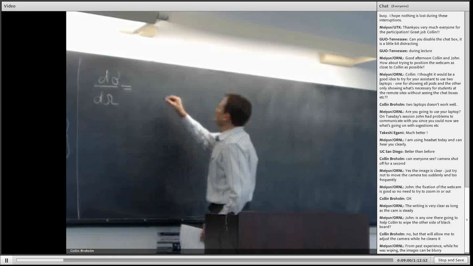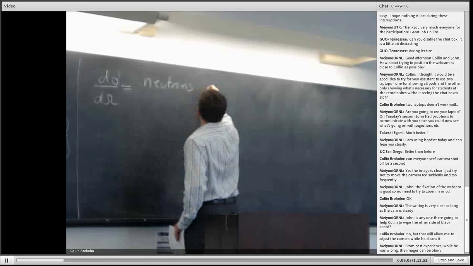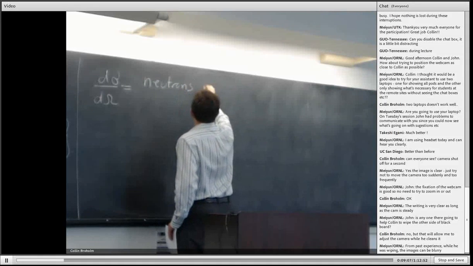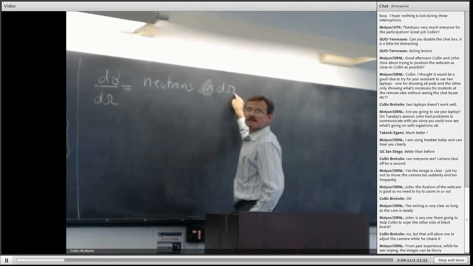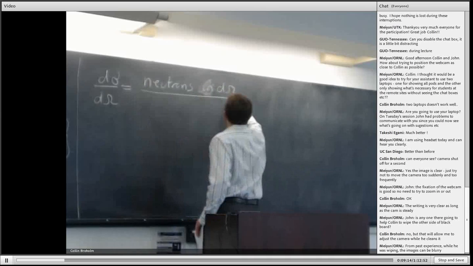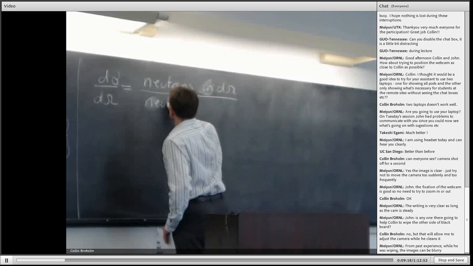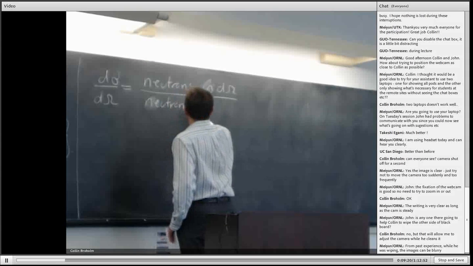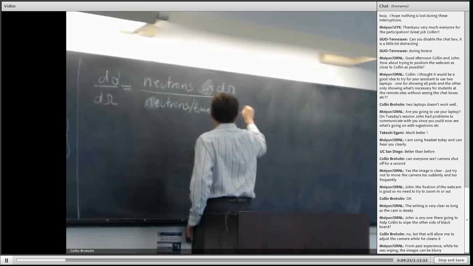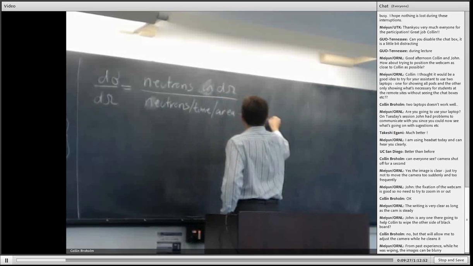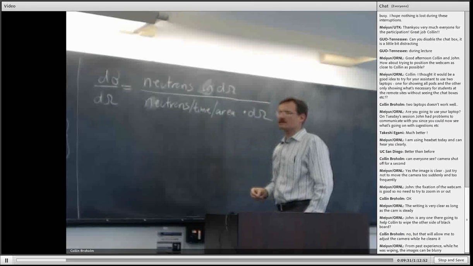And this was to tell us the amount of neutrons detected within the solid angle of the detector system, d omega, divided by the incident flux per time per area, and multiplied by d omega. That was what our differential scattering cross-section should look like.